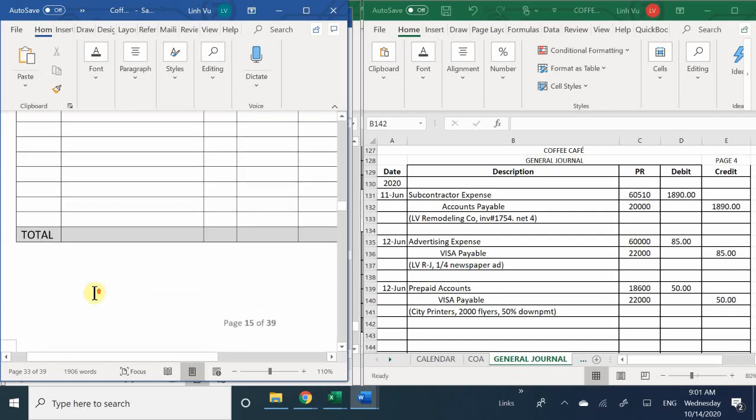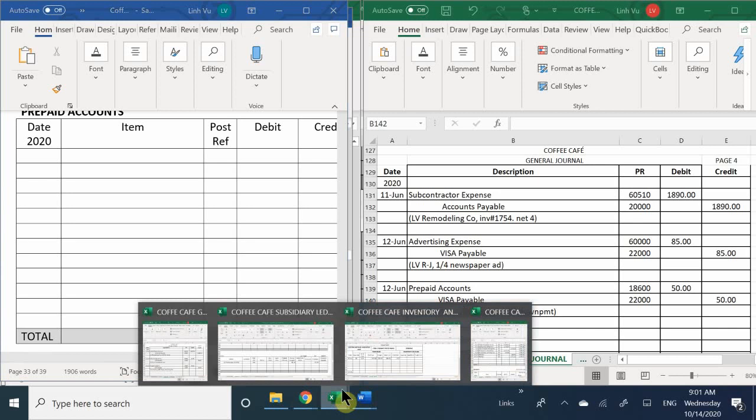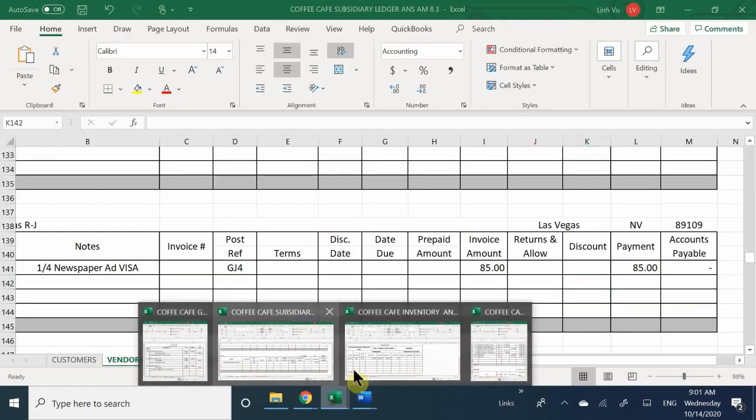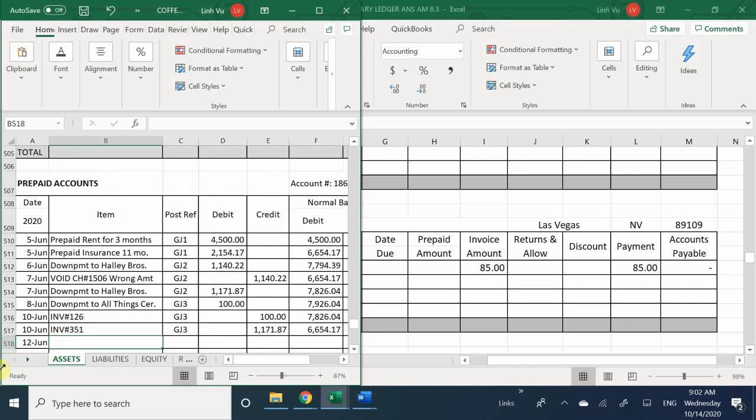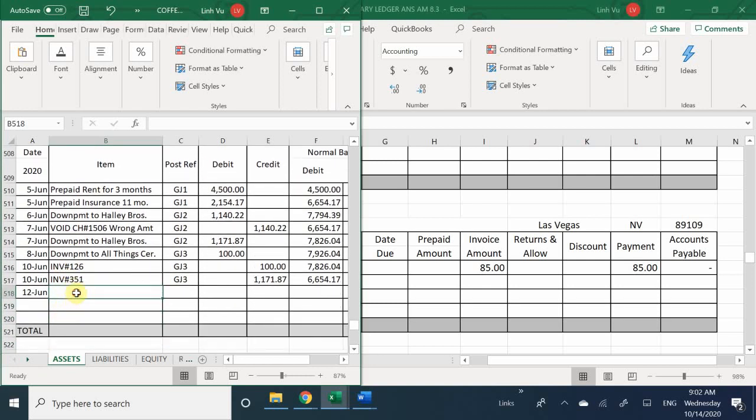We're going to type in what our prepaid was for this transaction. Here we're going to write June 12th. What this prepaid is going to be is for advertising, and I'm also going to put in 50% down payment.